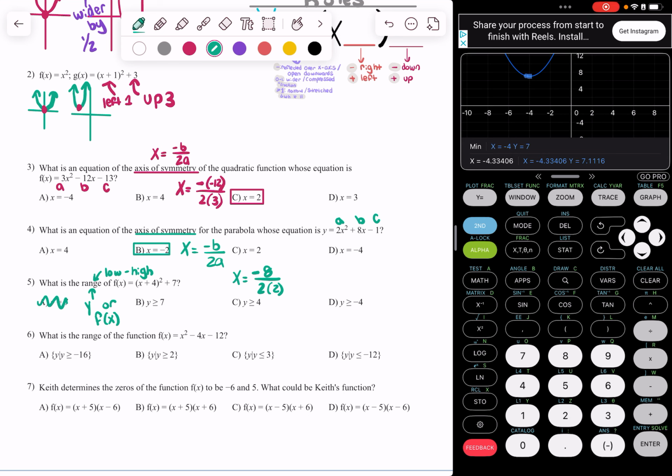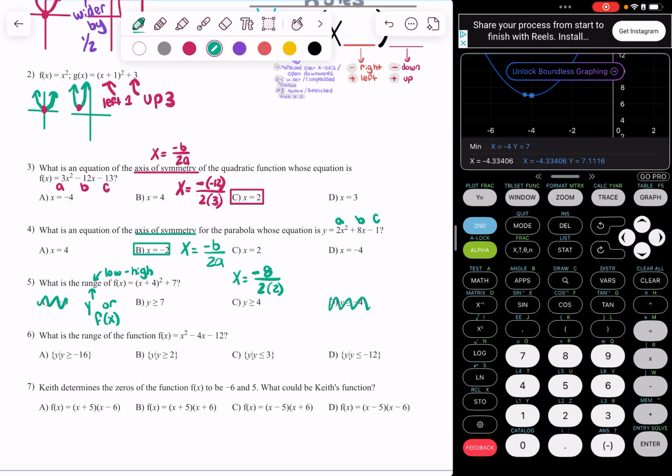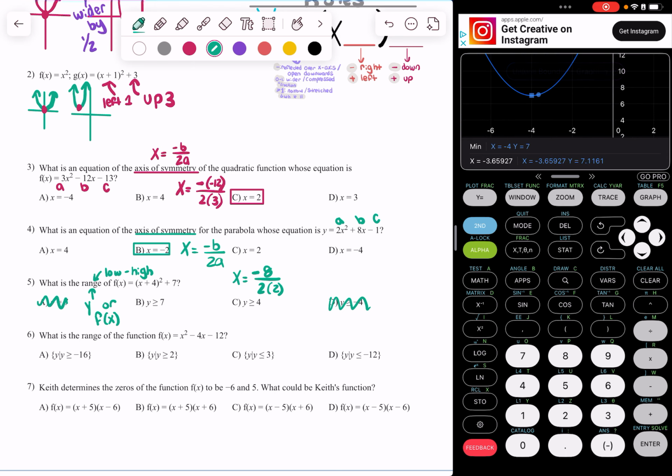And it's not negative 4, because if I'm talking about y, that is not y negative 4. Now my answer is either 4 or 7. Well, let's see how low this goes. This is at y equals 7. The lowest point on the graph is y equals 7.